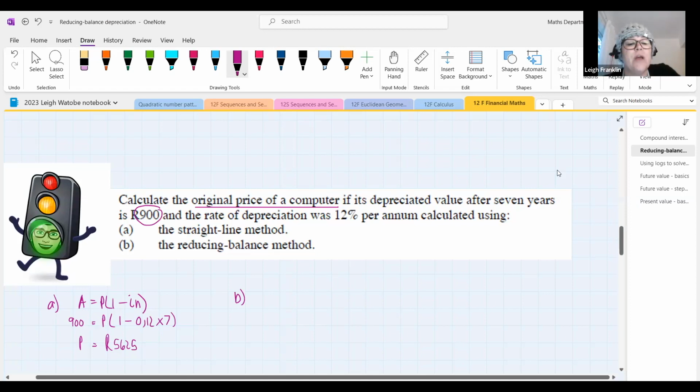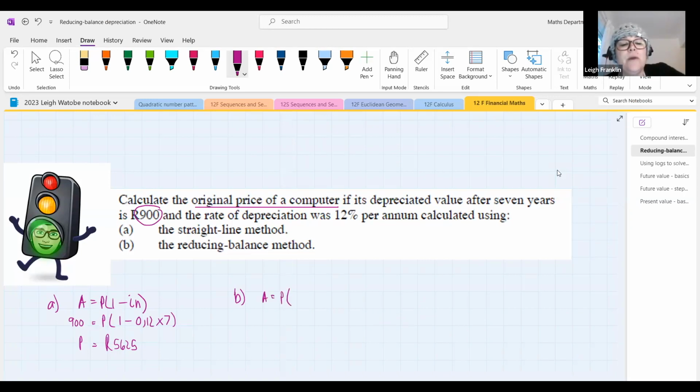So that's if it depreciated on a straight line basis. If it depreciates according to the reducing balance method, then we have to use A equals P(1 minus i) to the power of n. So A will still be 900. Our interest rate is the same, it's still 12%. 7 is now our exponent. So now when we calculate the value of P, we would get 900 divided by (1 minus 0.12) to the power of 7.